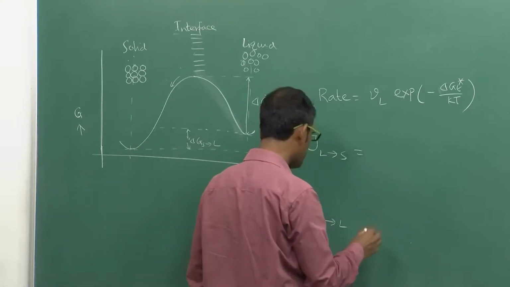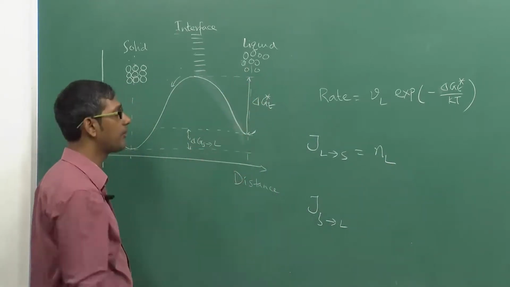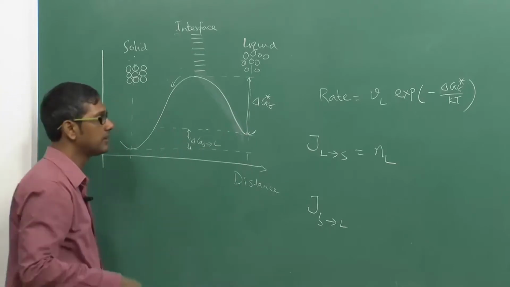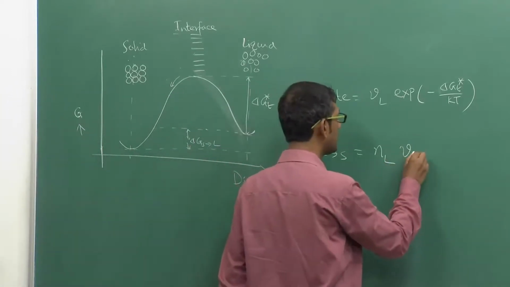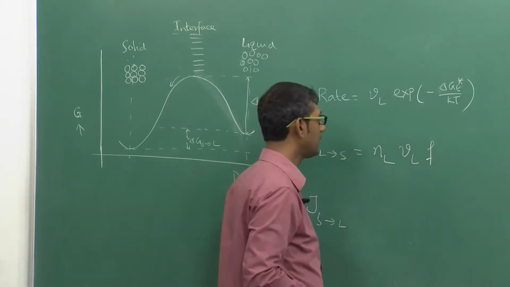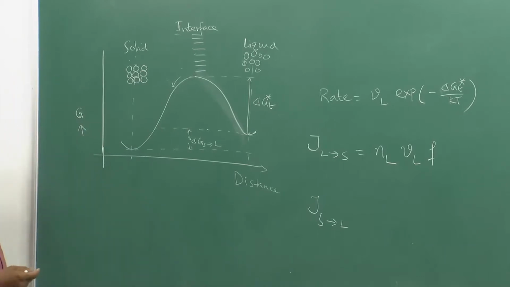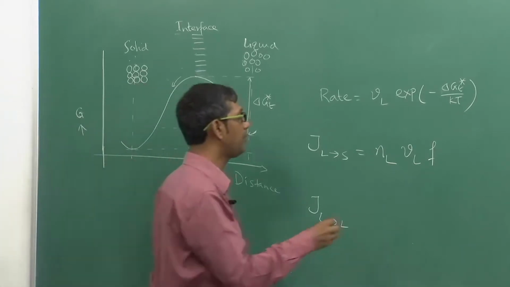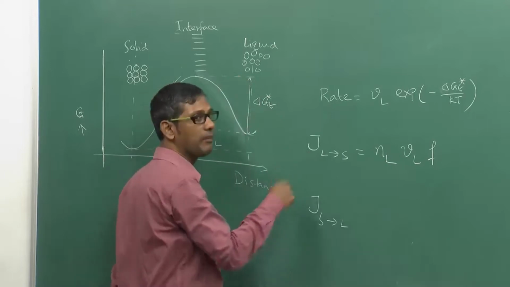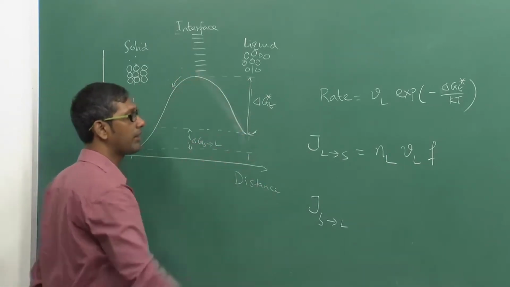Obviously, flux will depend on the total number of atoms. If the liquid has NL atoms, they all can jump, multiplied by the frequency. And obviously, not all the jumps will be successful, because some of the atoms may not be able to cross this barrier and will go back to the liquid.